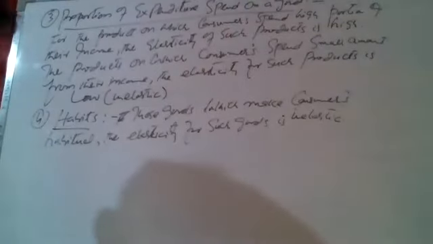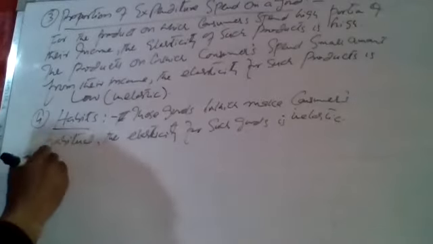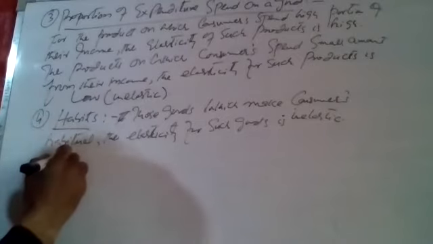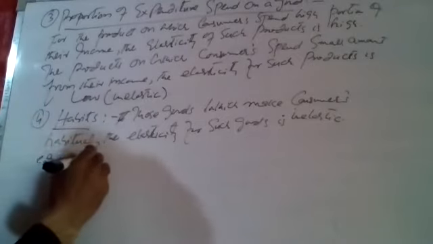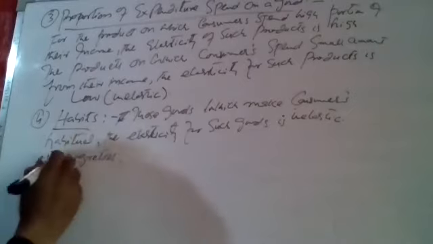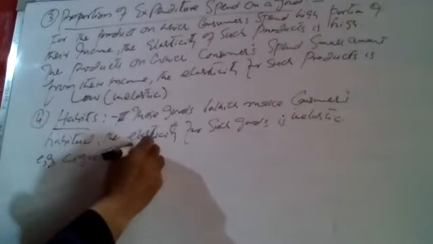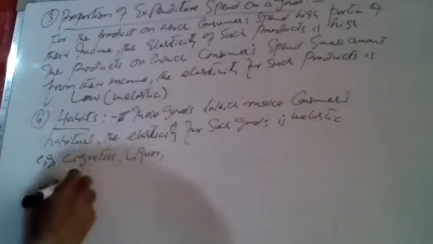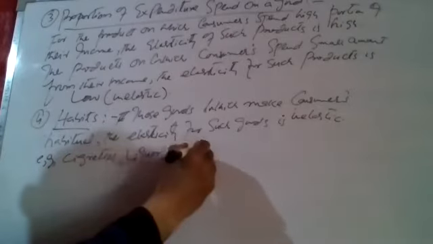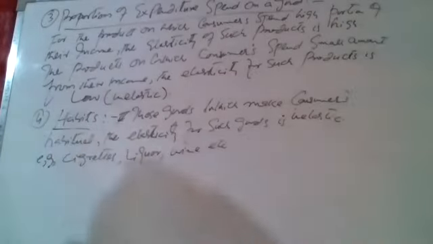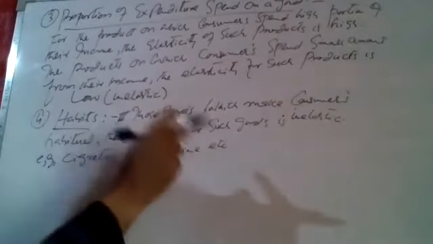So if a consumer or consumers become habitual for a commodity, the demand for such goods will be inelastic. For example, cigarettes, liquor, sharab, wine, etc. So elasticity for such products is inelastic.